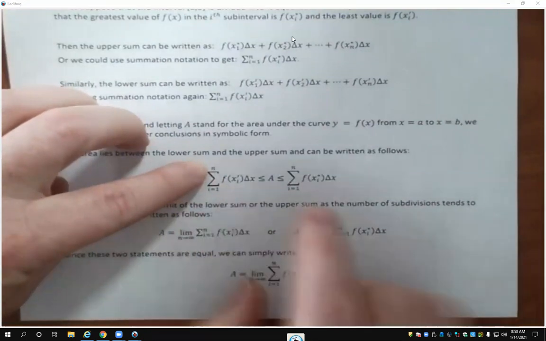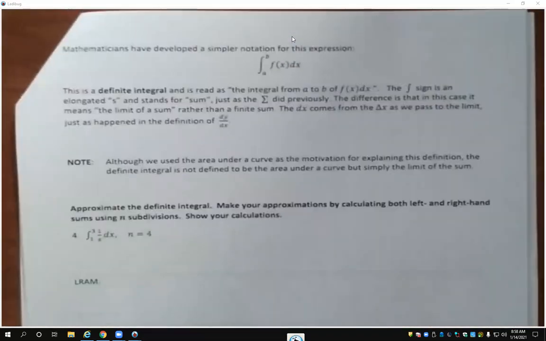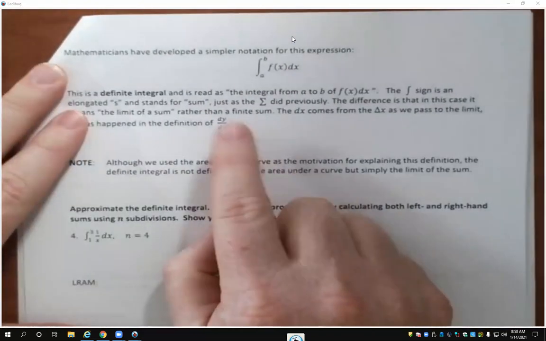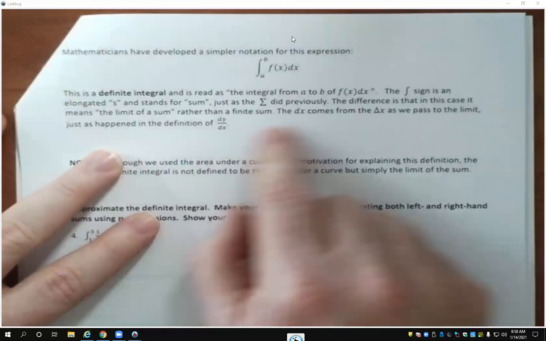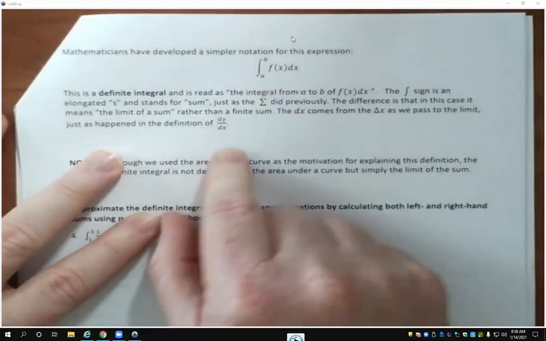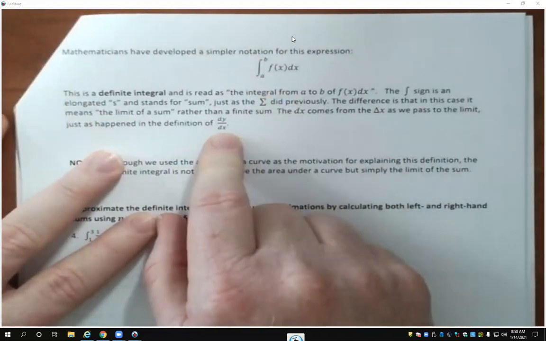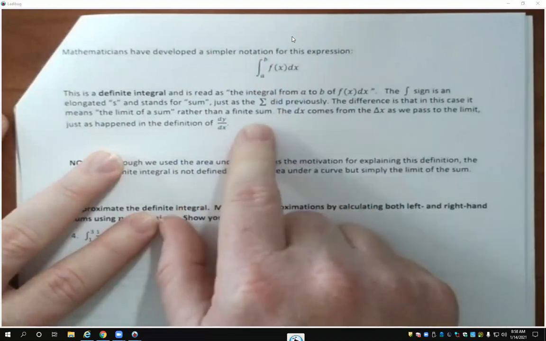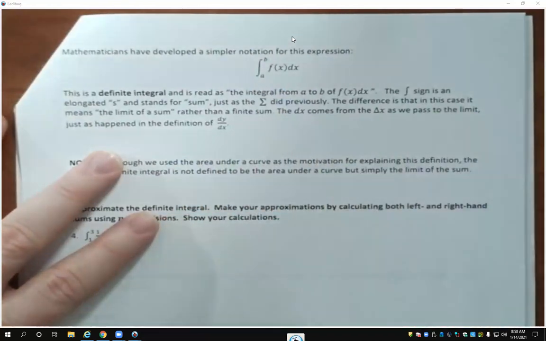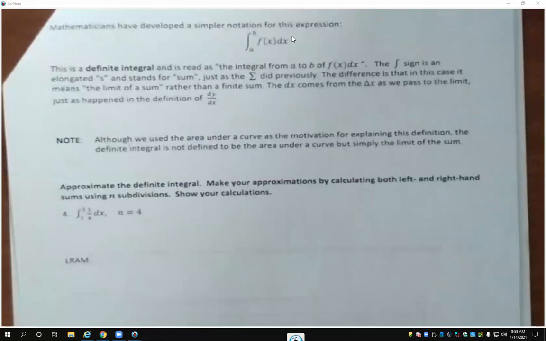Then you find the sum by plugging in each number into that function. That's basically what we're going to do right here. Obviously f of x is your function, and the dx comes from delta x, which is the change in x.